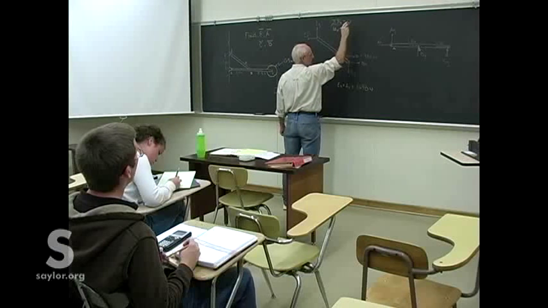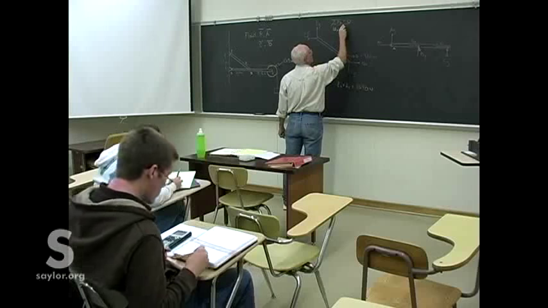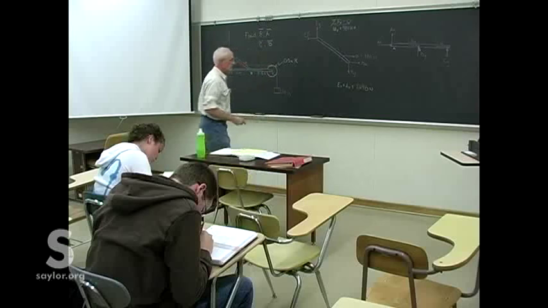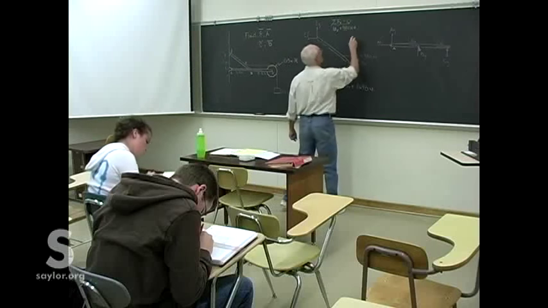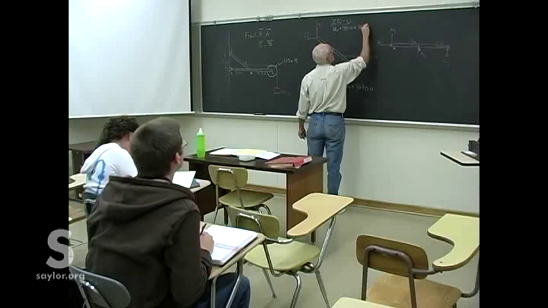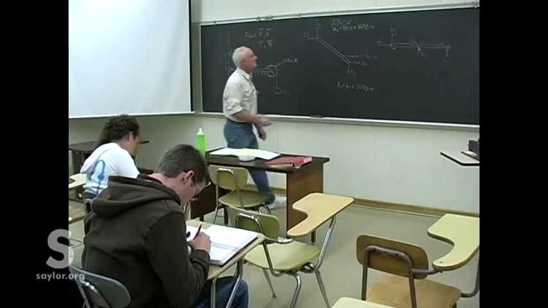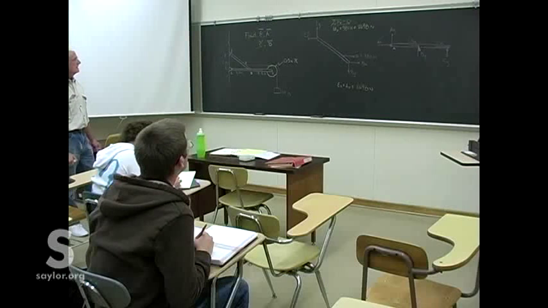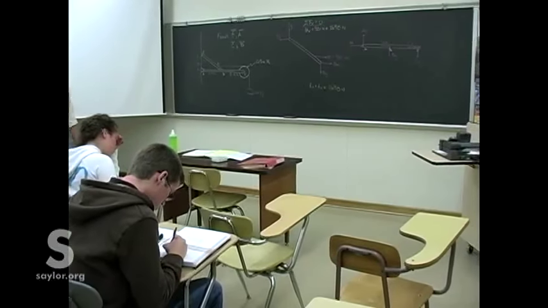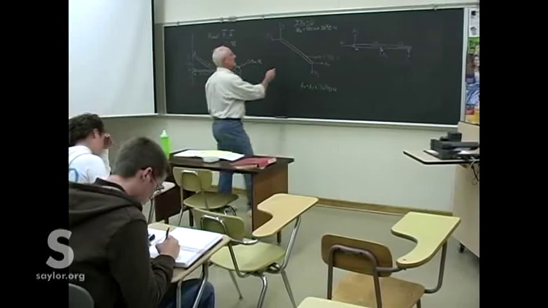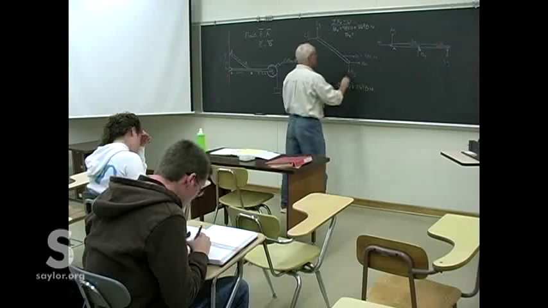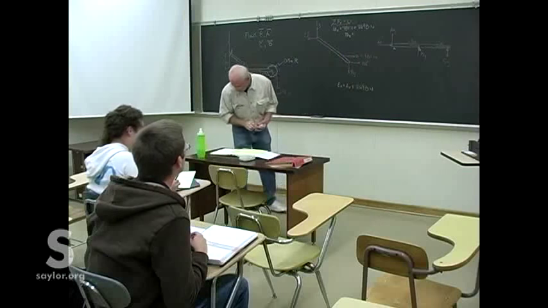EX plus 981 equals EX, which is 2698. Is that correct? The two right-facing forces equal the one left-facing force, and so we only have that one unknown. So we know BX now, which is good. Check it off.